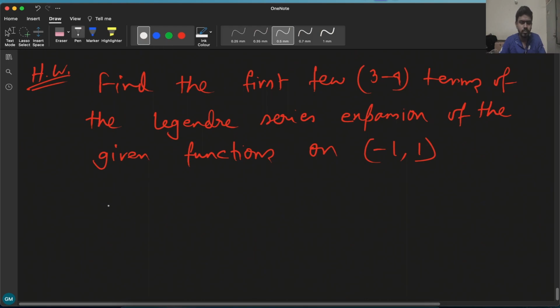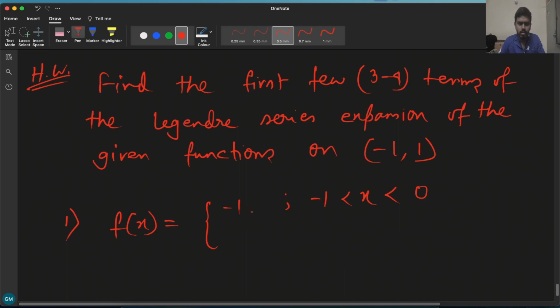So homework 1 is f(x) equals -1 when -1 less than x less than 0, and it is 1 when 0 less than or equal to x less than 1.